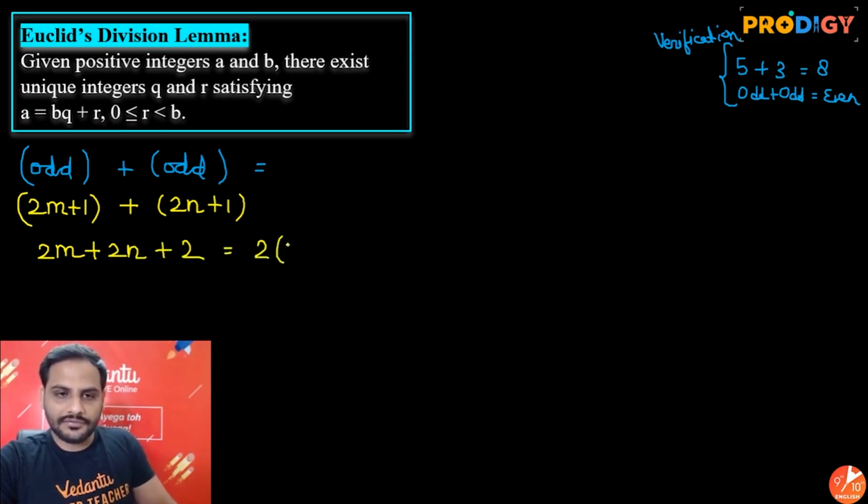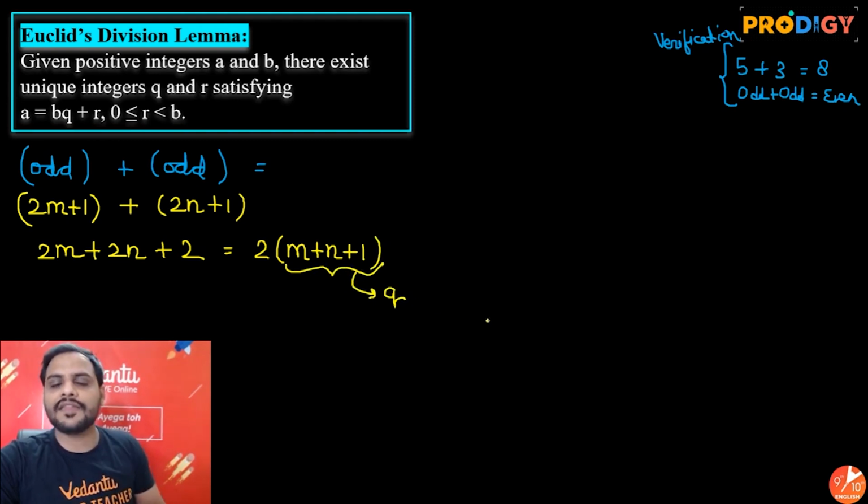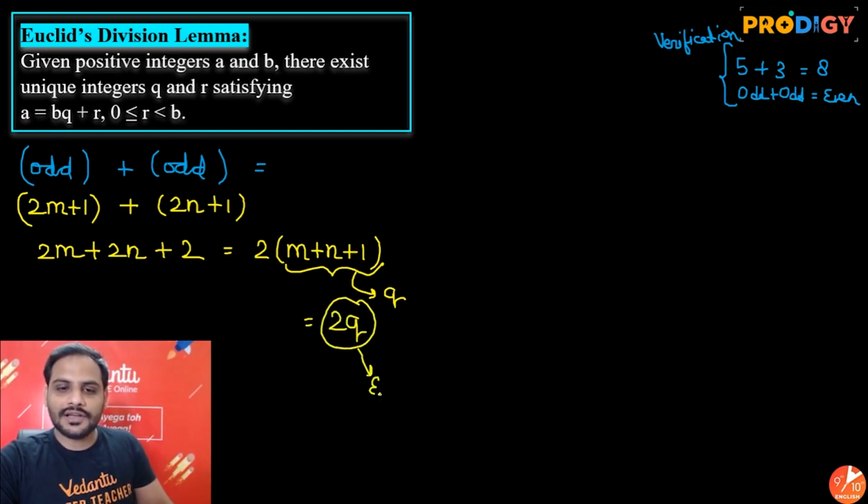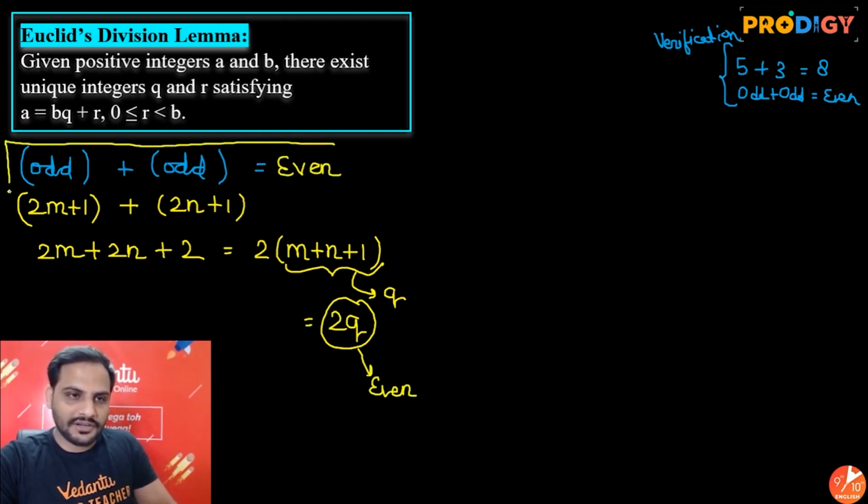So 2 times of m plus n plus 1. Let's say m and n are whole numbers. So this m plus n plus 1 will be another whole number q. So it is equal to 2q, and I know 2q is always an even number. That is why I can say sum of two odd numbers will always be an even number.